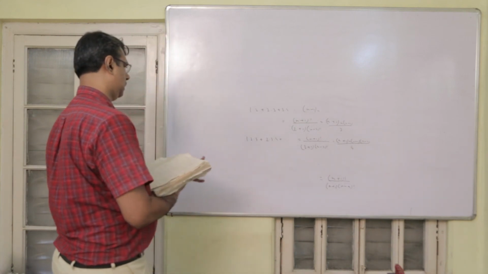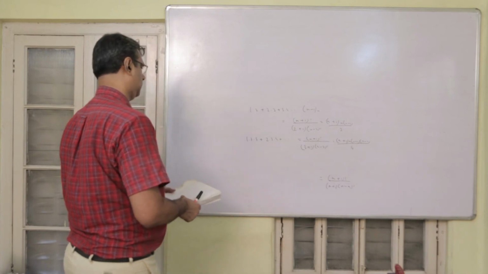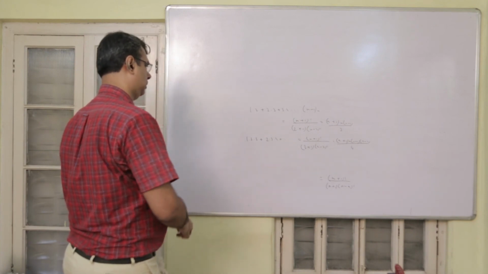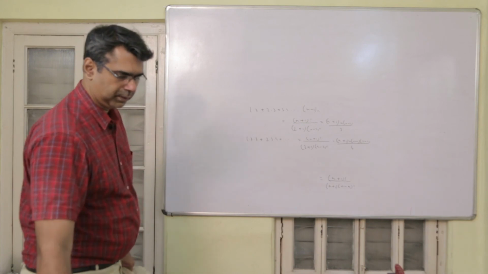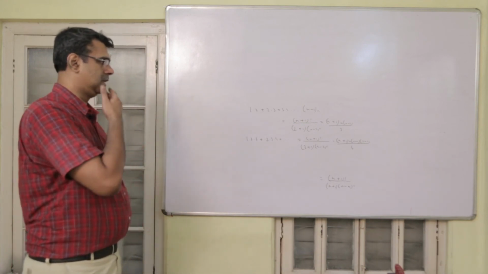So this is the topic, how to find a series of the product of successive natural numbers. So this completes topic 2 and it also brings us to an end of this session of JEE Revision Sequence Series.